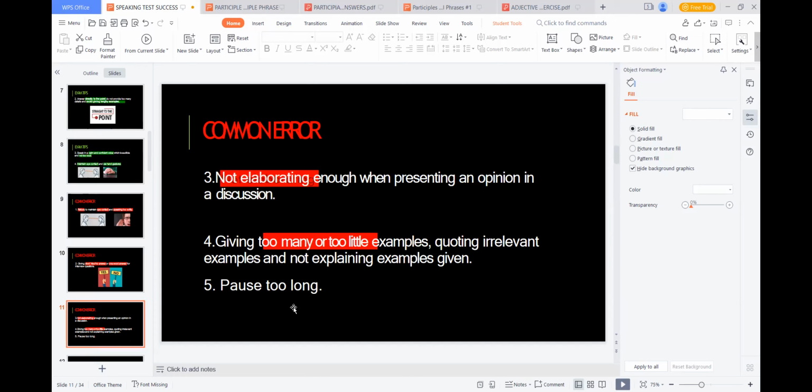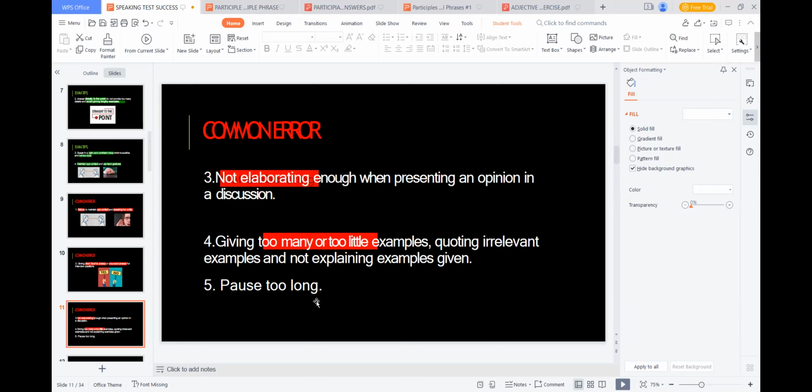The student was thinking how to say, what to say, and his or her partner did not jump in to help. If you think that your partner is pausing too long, quickly jump in because it will also save your mark too. What do you think about this one? You help your partner.